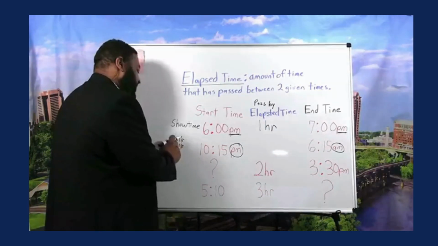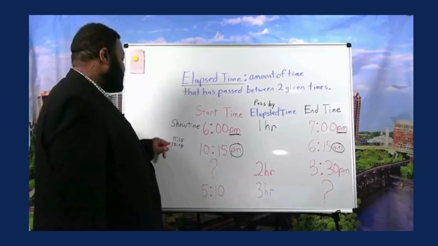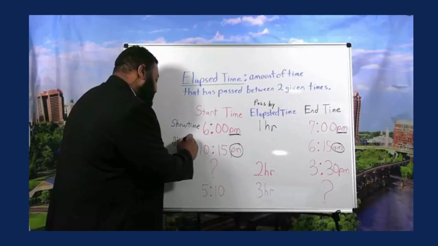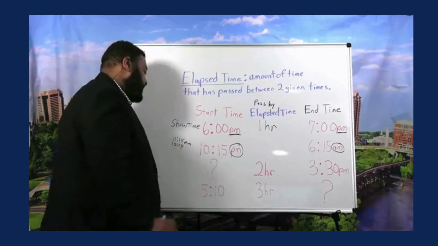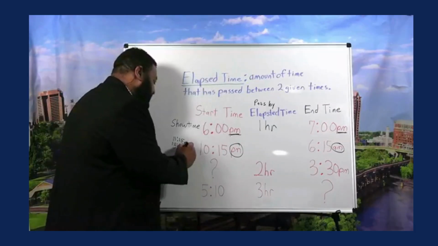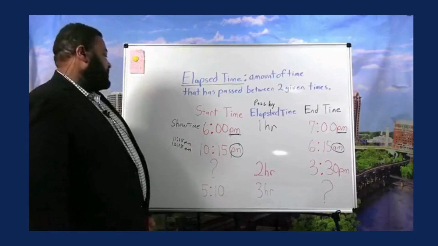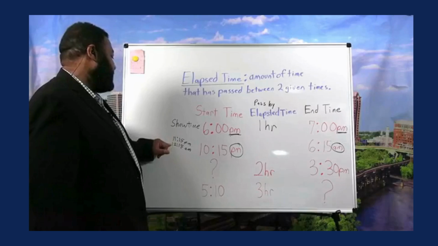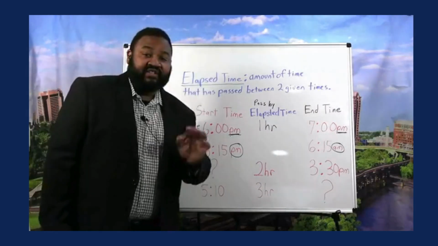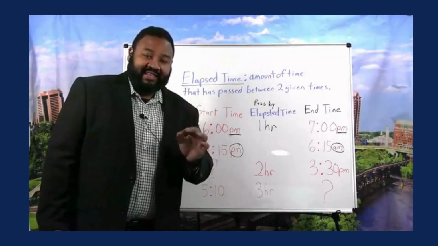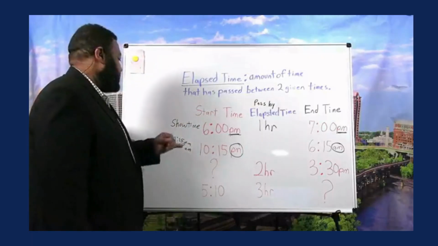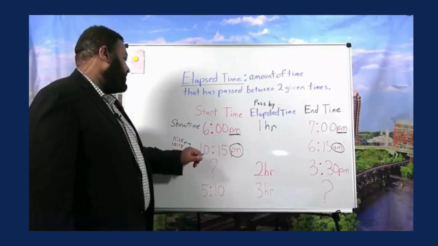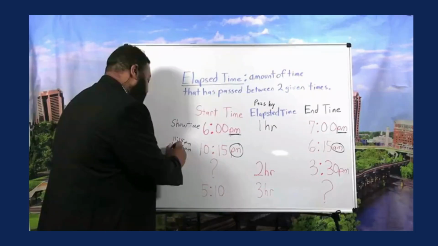Now, once again, going from 11 to 12, this was p.m. Now, when it changes over to 12, it goes to a.m. So when I go from 11:15 to 12:15, I did switch times. So it went from p.m. to a.m.